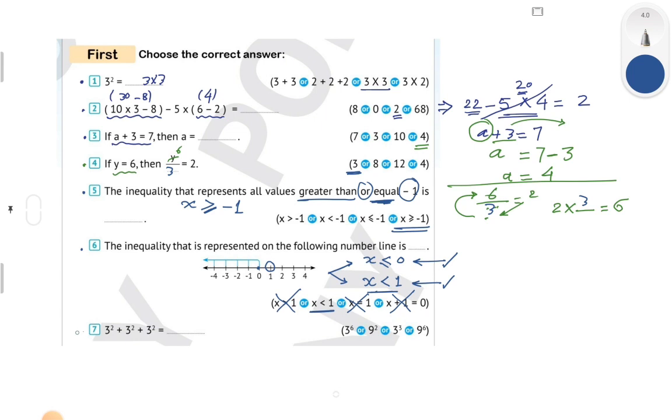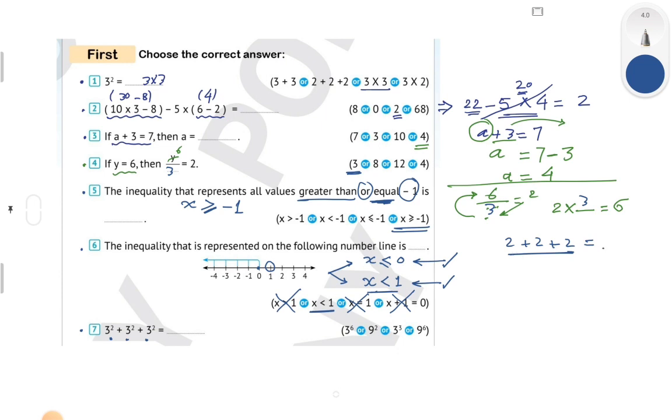Now point 7, 3 to the power of 2 plus 3 to the power of 2 plus 3 to the power of 2 equals what? Which one is the correct answer? Note with me. Here I have 3 with power 2 added to itself 3 times, like maybe 2 plus 2 plus 2. This is repeated addition.